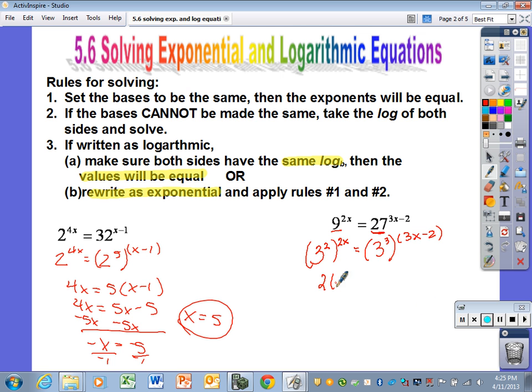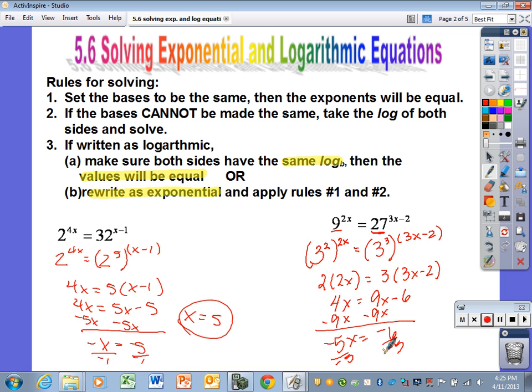So I have 2 times 2x equals 3 times (3x minus 2). 4x equals 9x minus 6. Subtract 9x. Negative 5x equals negative 6. And divide by negative 5. X is 6 fifths.